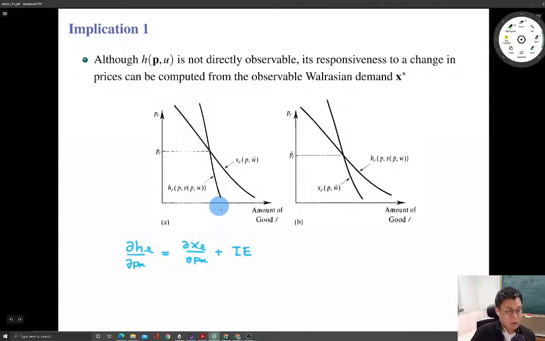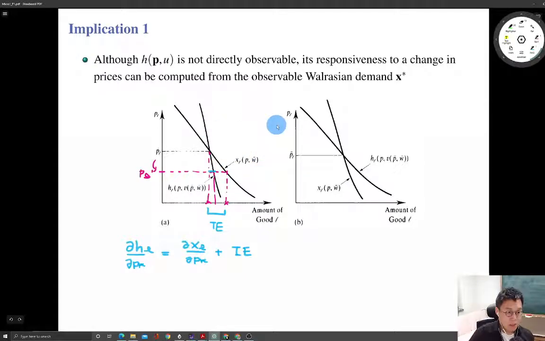So if price changes from PL to PL prime, we decompose the total effect into two pieces. So this one is the total effect, the change in demand for good L due to these price changes. And then we can isolate the substitution effect from the Hicksian demand.